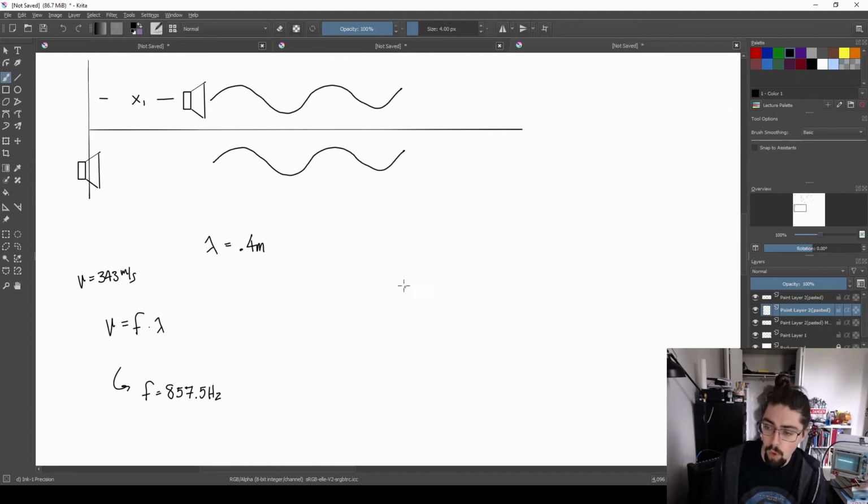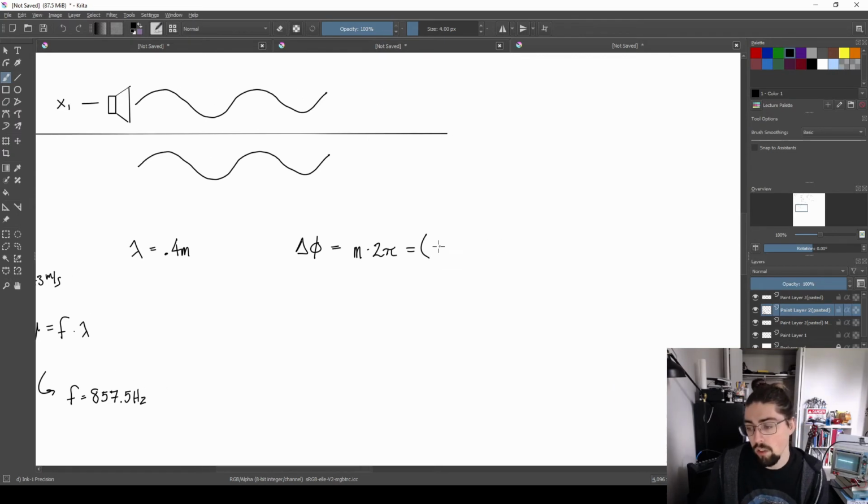Well, we could have said the phase difference between these two sounds has to be some factor of 2 pi. It must equal that. So I would take my phase of 2 minus my phase of 1.